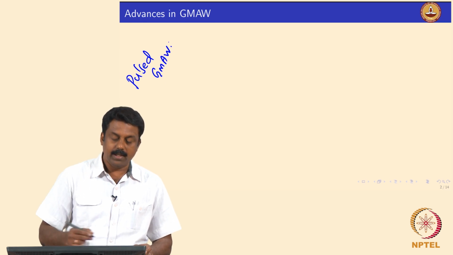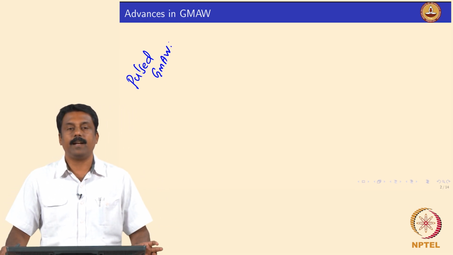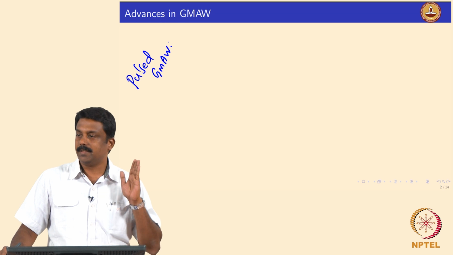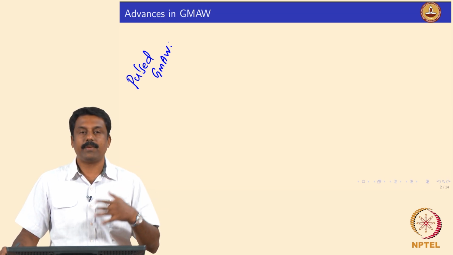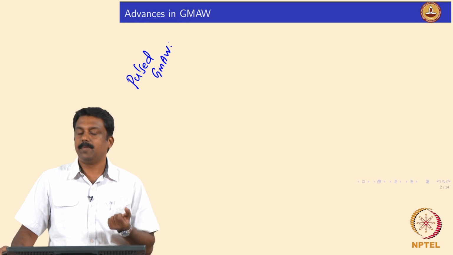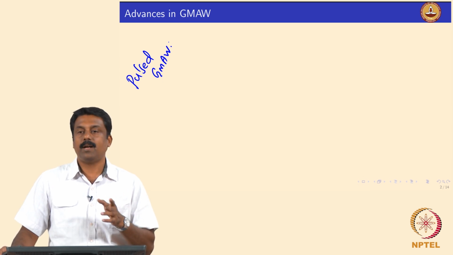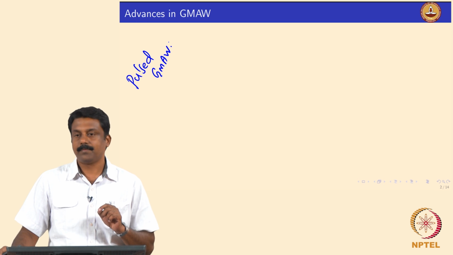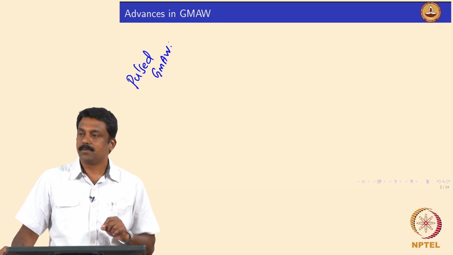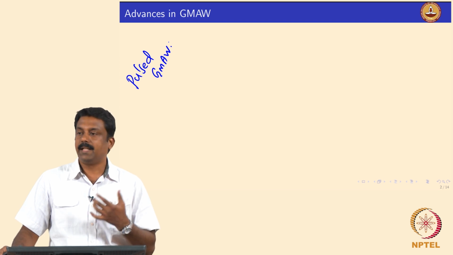I already indicated the use of current pulsing in metal transfer characteristics. When you look at the behavior of metal transfer as a function of current, our objective to achieve a stable process characteristic is to achieve a drop spray transfer, isn't it. We will have to get a spray transfer so that the productivity increases.